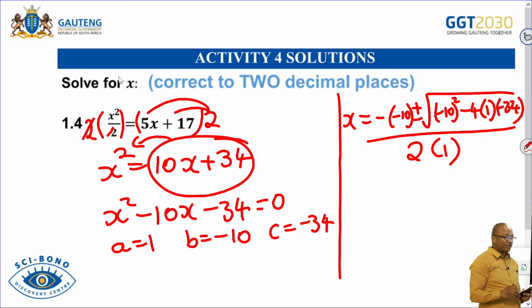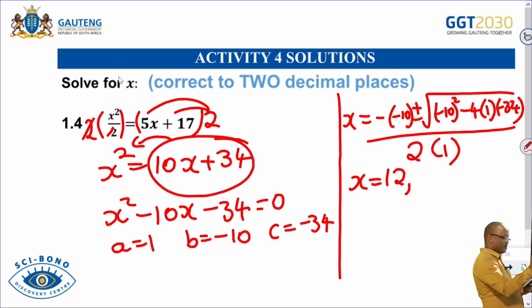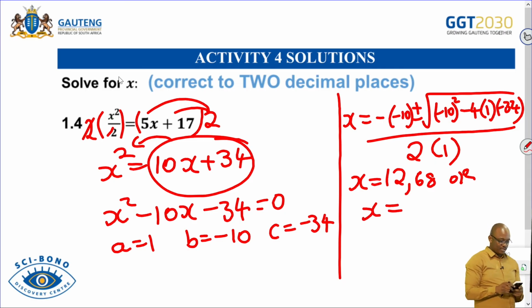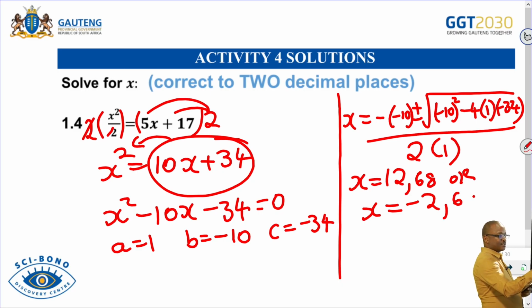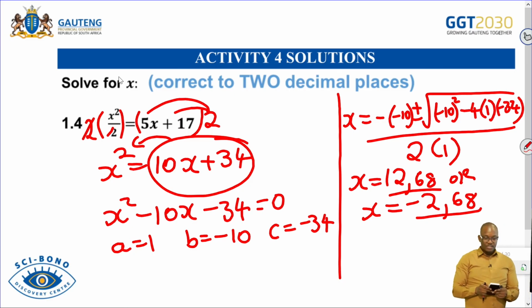The first one, we're going to get x as 12,68, or the other value of x is going to be negative 2,68. So that's how we use the quadratic formula when we cannot factorize our equations.